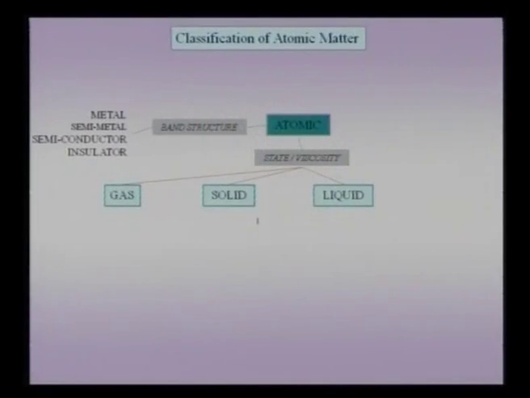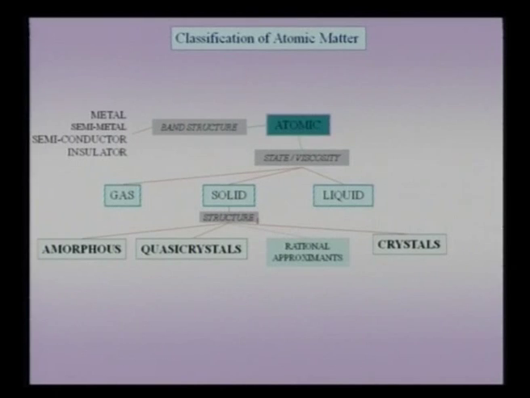But we should note that if I am talking about the state or viscosity aspect of classification of the atomic state of matter, then I have the familiar gas, solid, liquid picture. Further, what I am interested in this particular course is the structure of solids, and if you look at the structure of solids, on one hand we will see the concept of crystals which we have been dealing with quite a bit so far. On the other extreme is the concept of amorphous materials, in other words which are totally disordered.